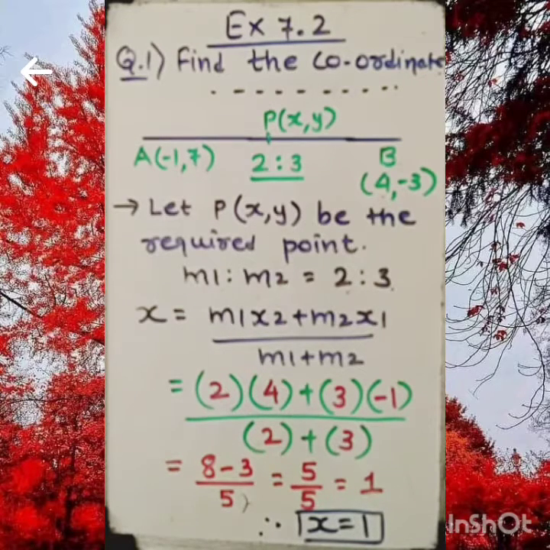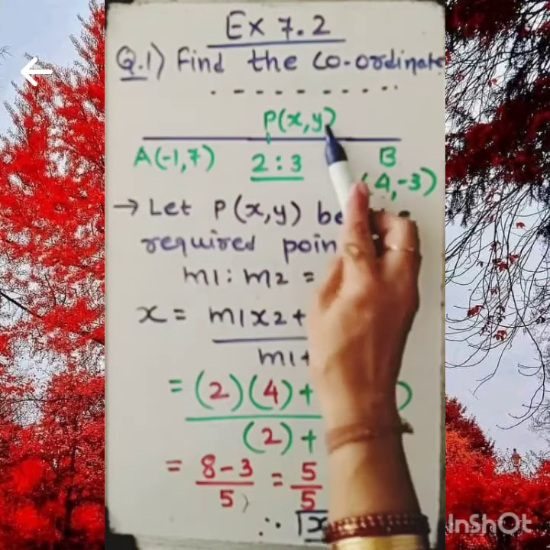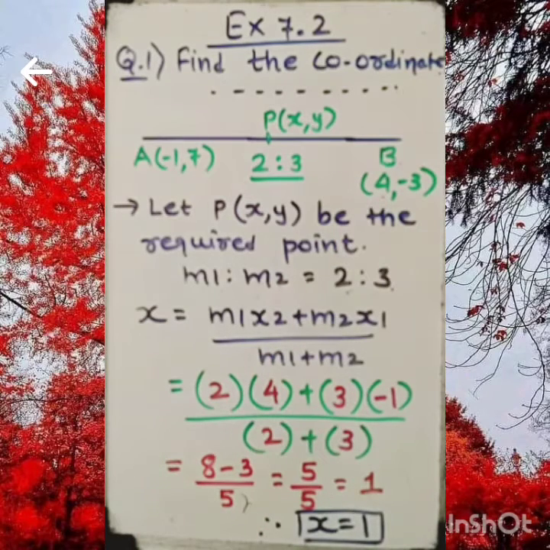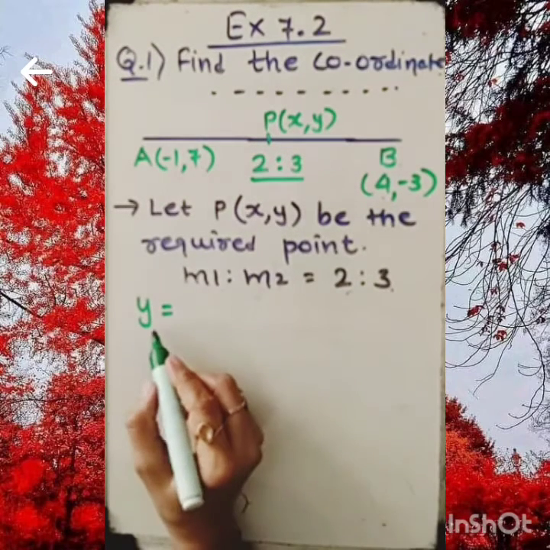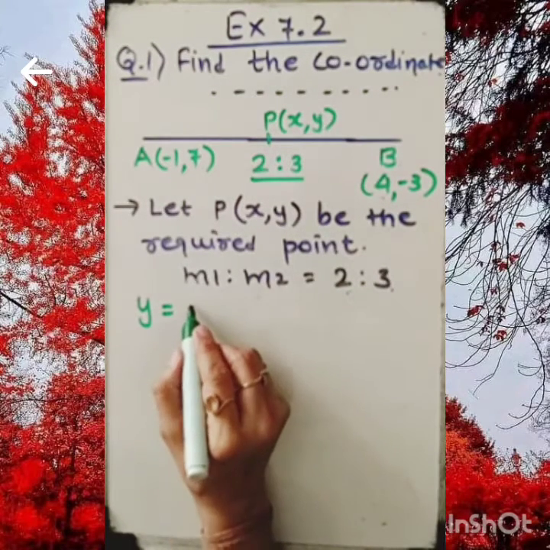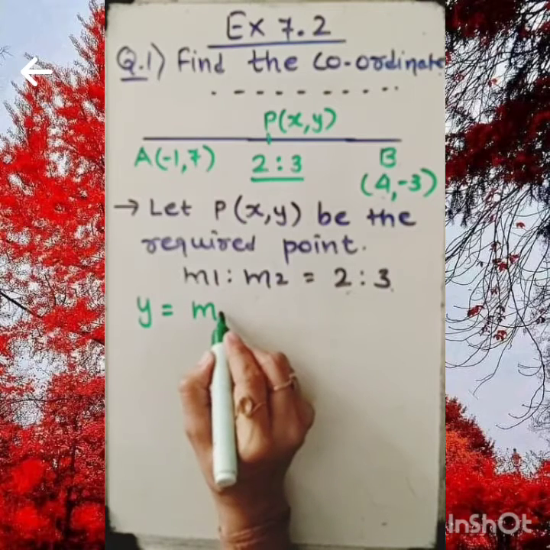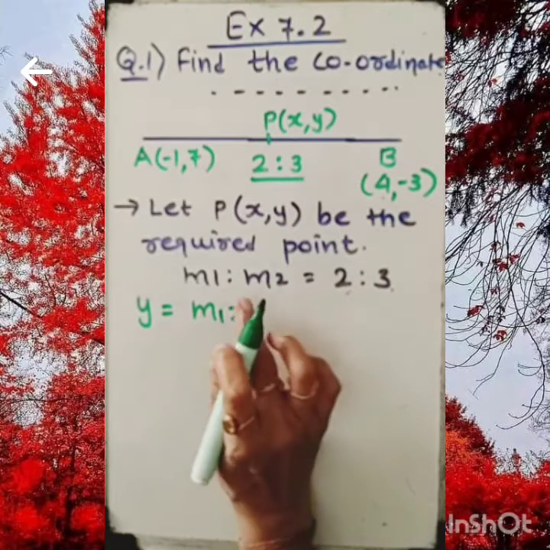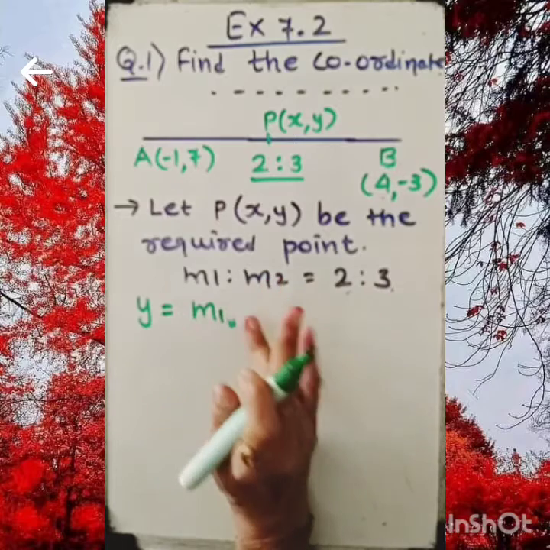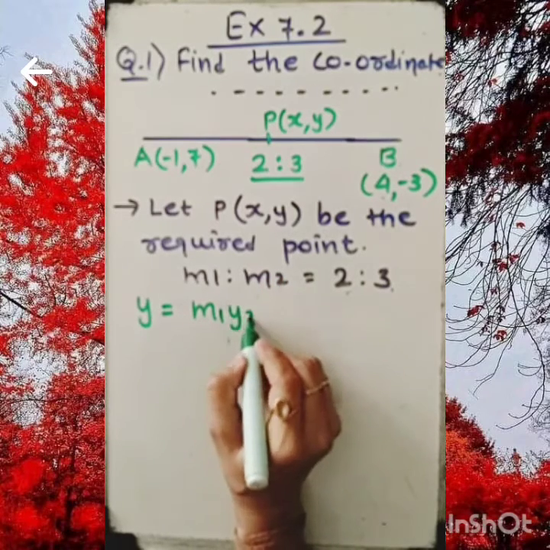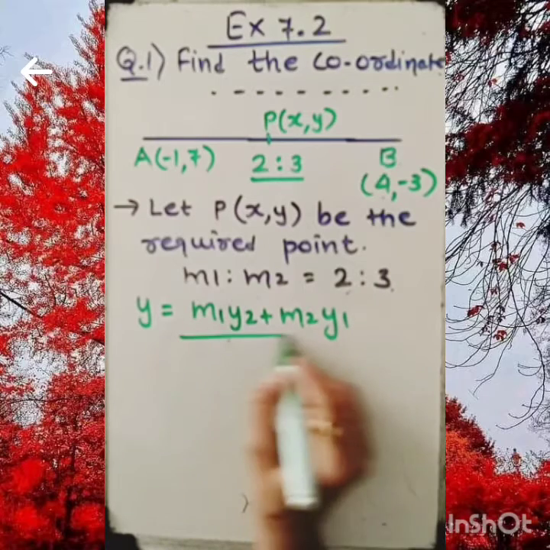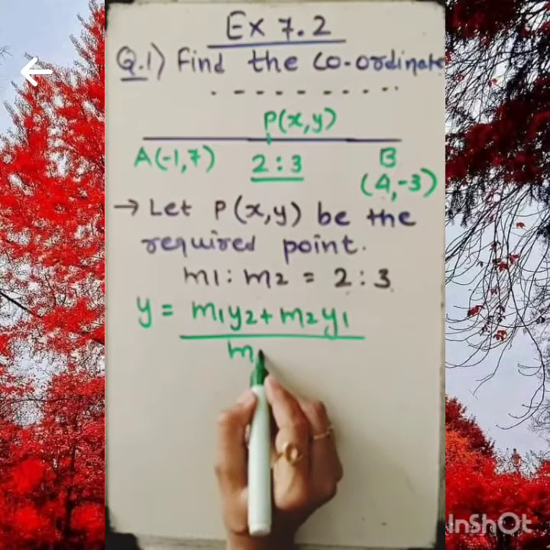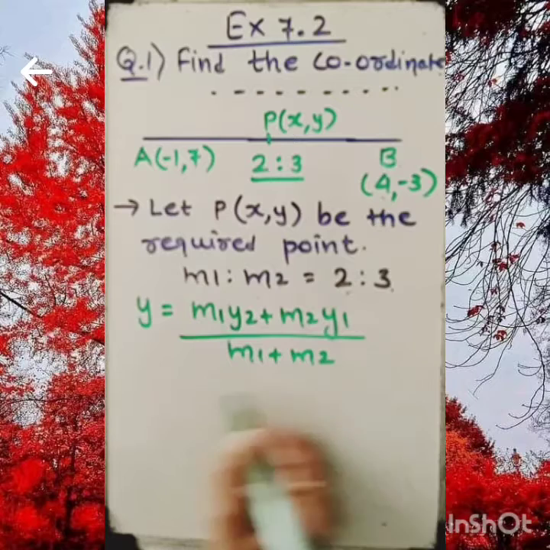Now in the same way we need to work out the y coordinate. So let's begin. y equals m1 y2 plus m2 y1 upon m1 plus m2. Very simple.